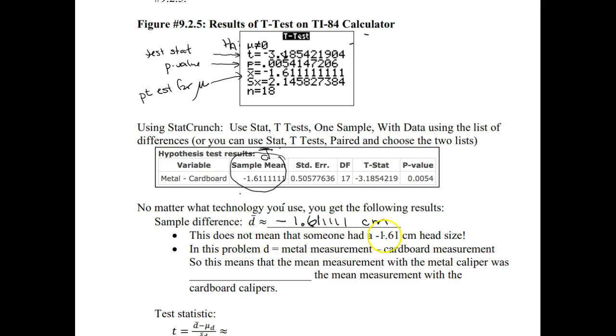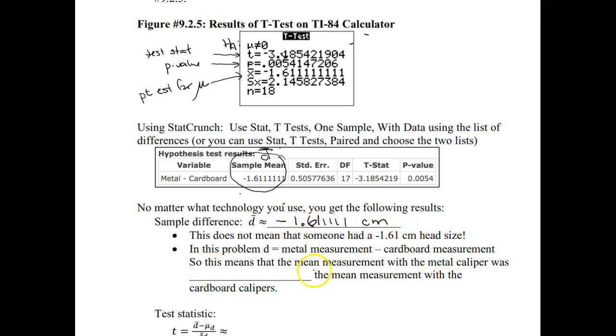Now, we need to be careful on what that actually means. So this does not mean that someone had negative 1.61 centimeter head size. That doesn't make any sense. We need to keep in mind that D stands for a difference. So we've subtracted two things and gotten a negative number. In this problem, we were taking the metal measurement minus the cardboard measurement. So if this difference comes out negative, it means the first measurement is smaller than the second one by 1.61 centimeters.